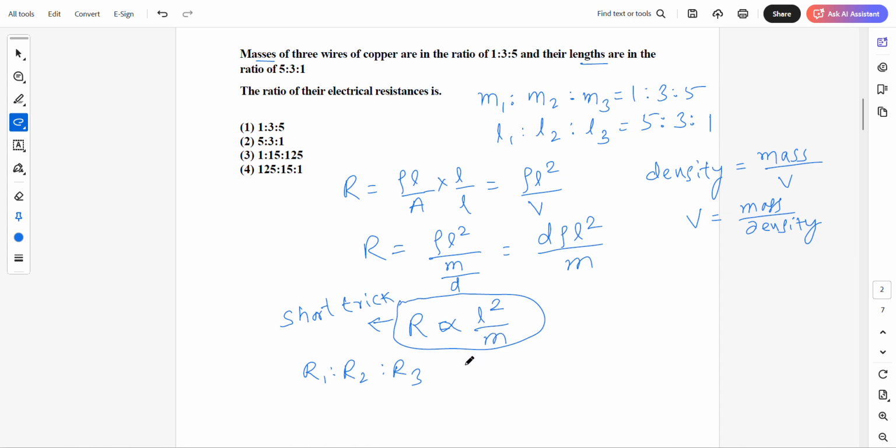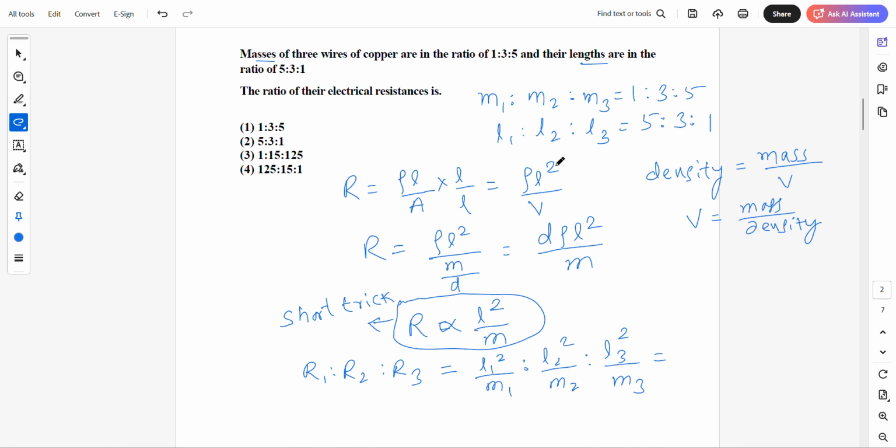R is proportional to L square by M. Now you can write L1 square by M1 is to L2 square by M2 is to L3 square by M3.